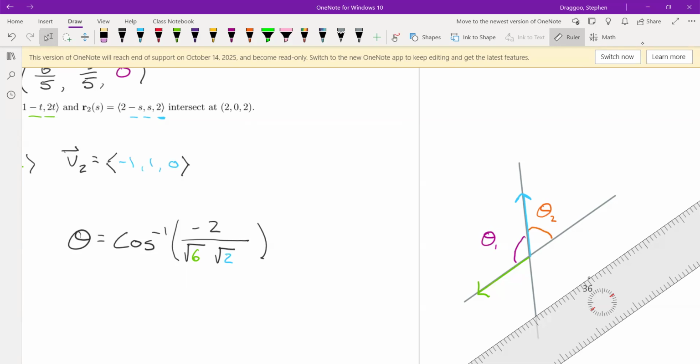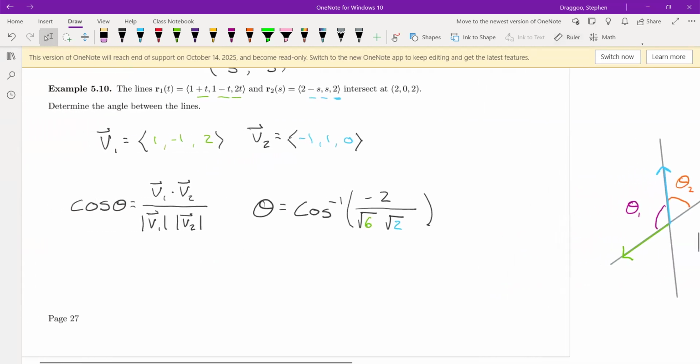But by definition, we're going to say that when two lines intersect, the angle that's between them is always the acute angle. Because there's always going to be two options we can choose for the intersection between two lines. I just want to claim that it's always the acute angle for the intersection between lines, even though vectors themselves can intersect at larger angles.